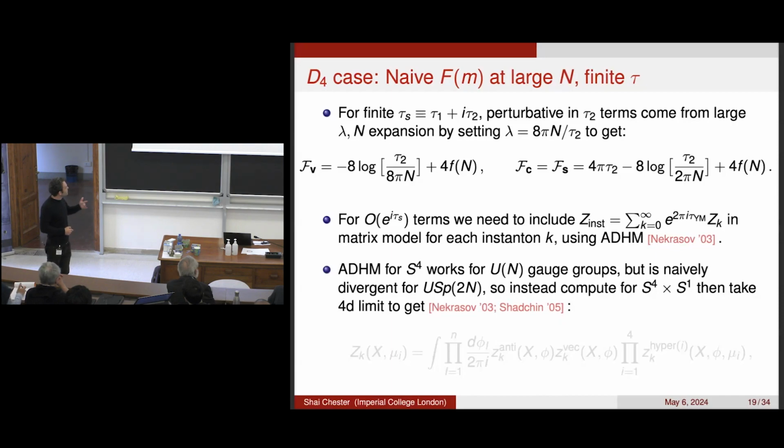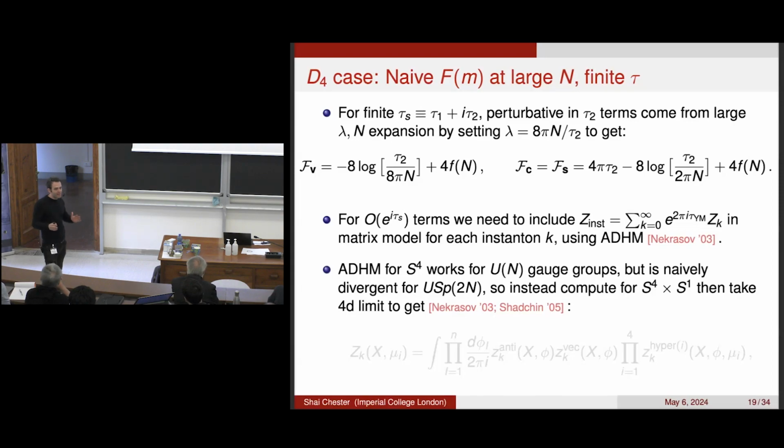This was famously first done by Nekrasov in the case of U(N) gauge groups. And that's the case where everything is well defined. But if you want to apply Nekrasov's formalism to other gauge groups, such as USp(2N), it turns out that it's much more subtle. The way Nekrasov went about computing this in his paper with his student Shadchan in the early 2000s is that instead of studying the sphere free energy in 4 dimensions, what we're interested in, they studied an index in 5 dimensions, which is S4 cross S1.